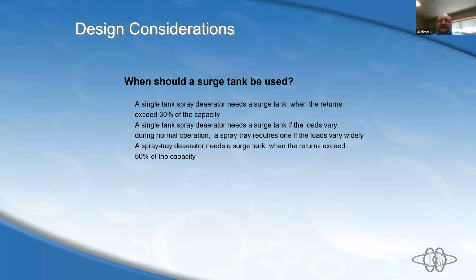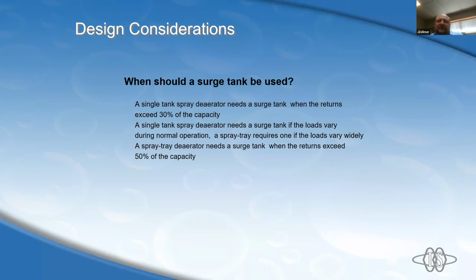When should a surge tank be used? When we get above those conditions with either the jet spray or the tray, and you're getting into 70% condensate return coming back, or 50% return coming back, then we want to start looking at installing a surge tank in front of these deaerators, especially the spray type.